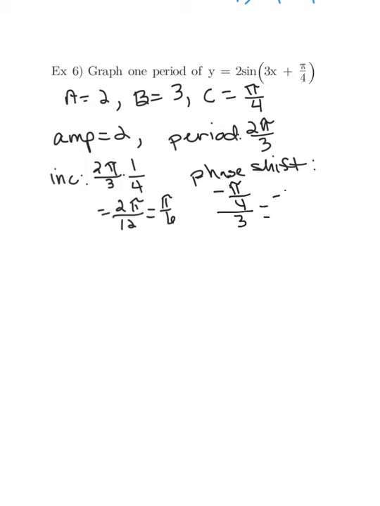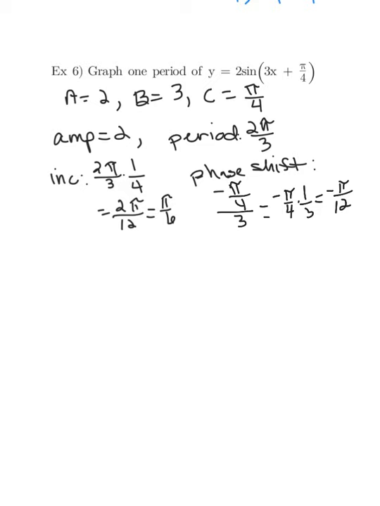Well, that becomes negative pi over 4 times 1/3, which gives us negative pi over 12. So this graph is going to, instead of starting at 0, move left pi over 12.